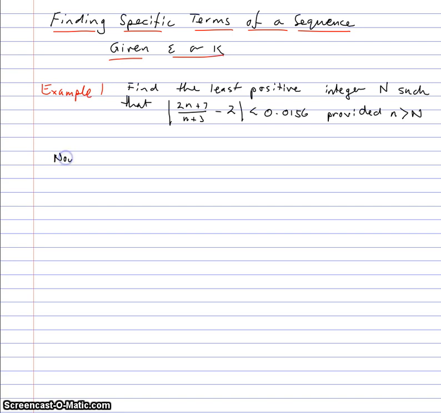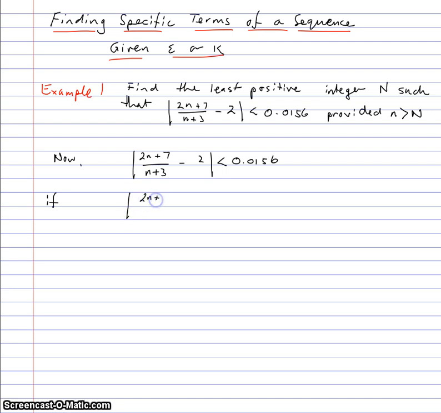Now, the absolute value of (2n plus 7) over (n plus 3) minus 2 is less than 0.0156 if, so we go through the same procedure here as we have previously when we've been proving. We just happen to have a value of epsilon. Now that's true. Okay, we need to combine our fractions here.